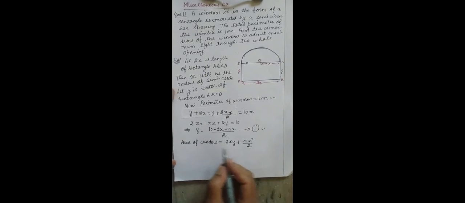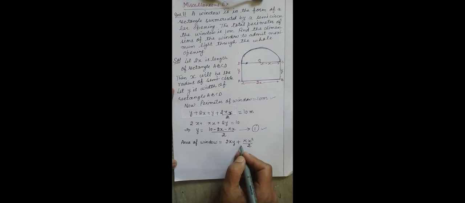Now you can see there are two variables in the area function, so I convert it to a single variable. I will put the value of y from equation number 1 to make it a single variable.